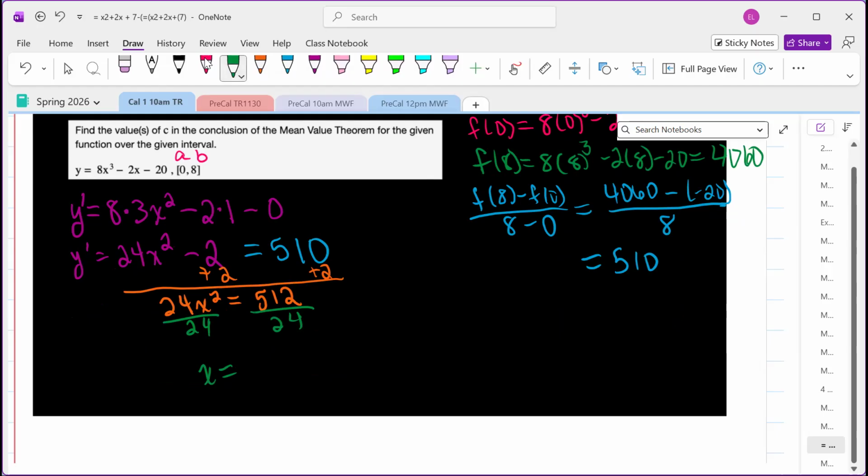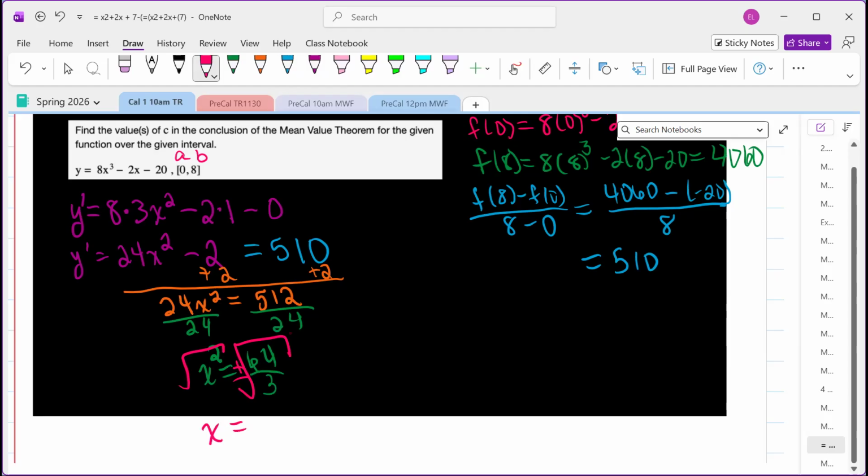All right, both of those are divisible by 8, so we get 64 thirds. Sorry, x squared equals 64 thirds. And to get x by itself, we're going to square root. Whenever we square root, we have to remember the plus or minus.